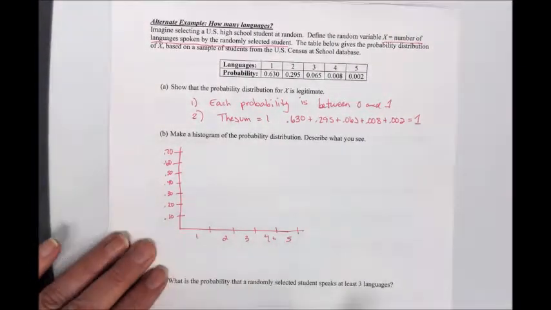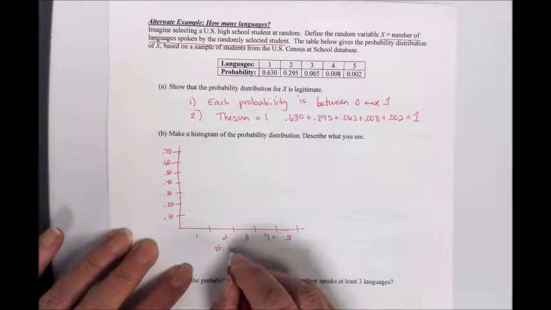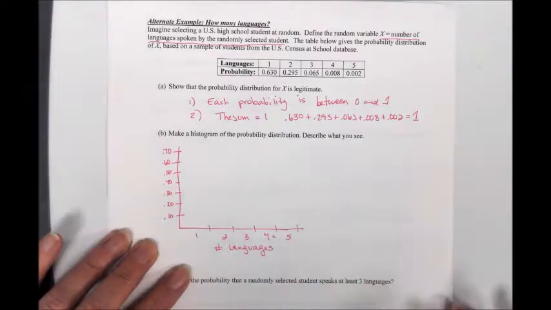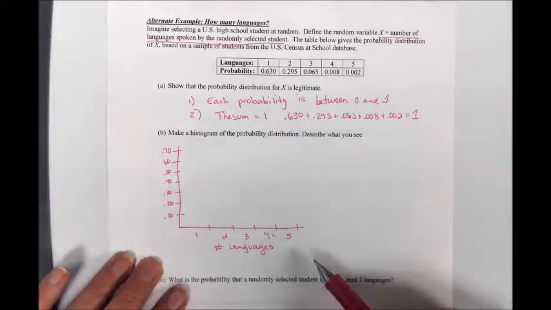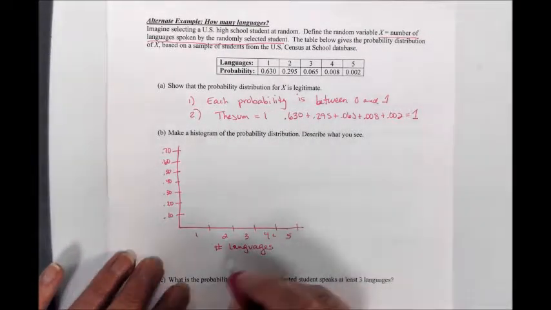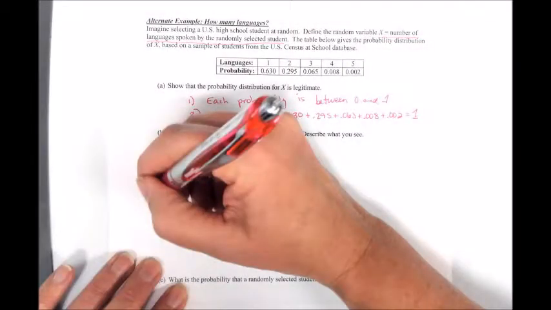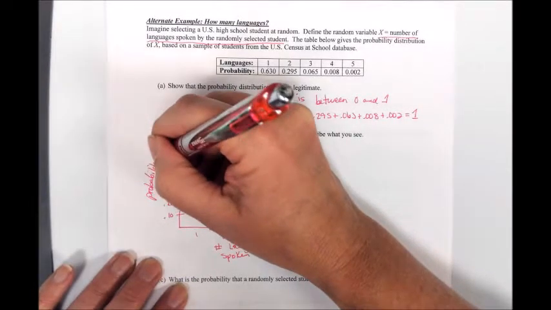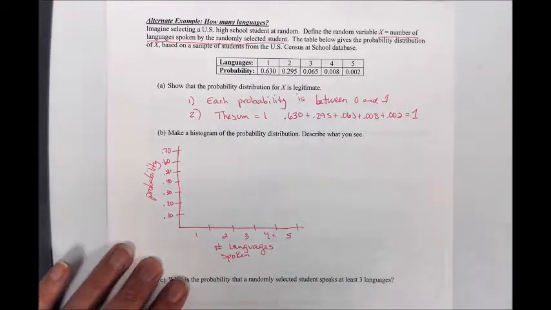And so again, always label. If you don't label, that goes from an E to a P, a partially correct if you don't label. So number of languages spoken, and this is the probability.